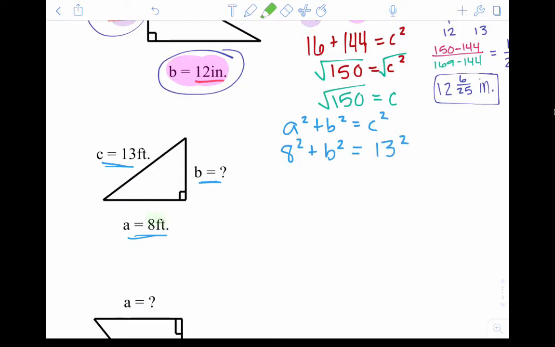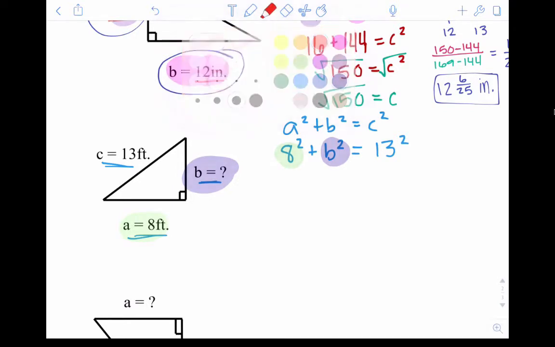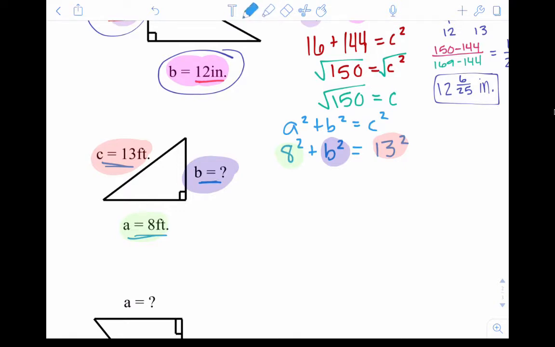So once again, I got my A right here. I got the B right there, and I'm leaving it as B because I don't know what it is. And then I got C right here. All right, so I'm going to continue to solve this through. I have 8 squared, which I know is 64, plus b squared equals 13 squared, which is 169.